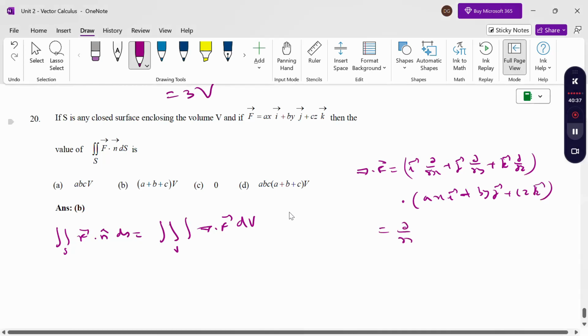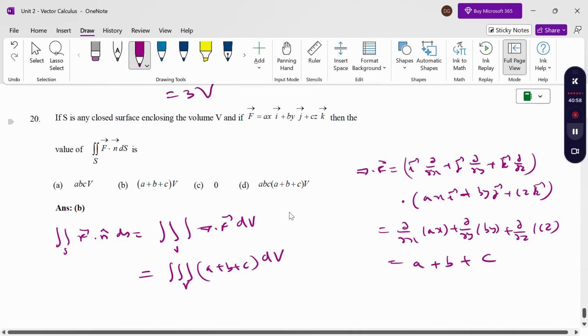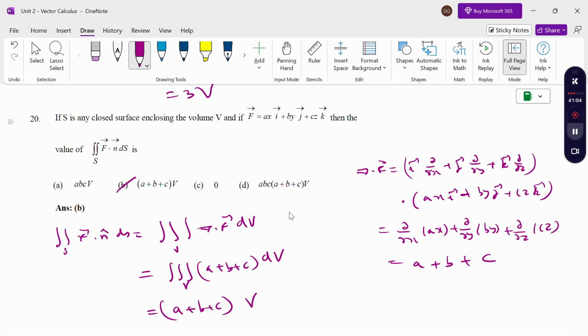Therefore, dou by dou x of ax, dou by dou y of by, dou by dou z of cz. When differentiating this, x differentiation 1 gives a, y differentiation gives b, z differentiation gives c. Therefore, triple integration over V of a plus b plus c dV. So when I take a plus b plus c into the volume V, the option is B.